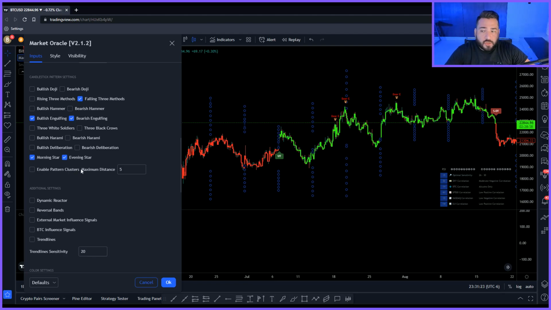So a cluster, we're going to be talking about a lot of clusters around this class. Nevertheless, the cluster is just a group of signals in the same zone, right? So at this point, I'm going to turn on my clusters and reduce the distance in candles between one signal and another. So I like to have this one over 3, and we'll take a look at what it does.